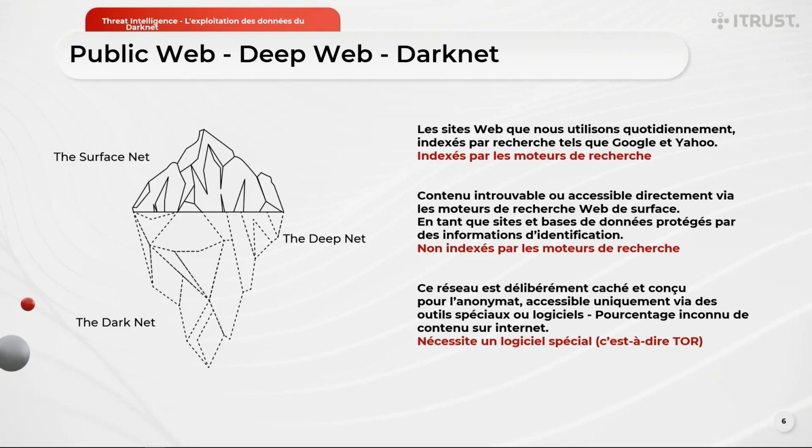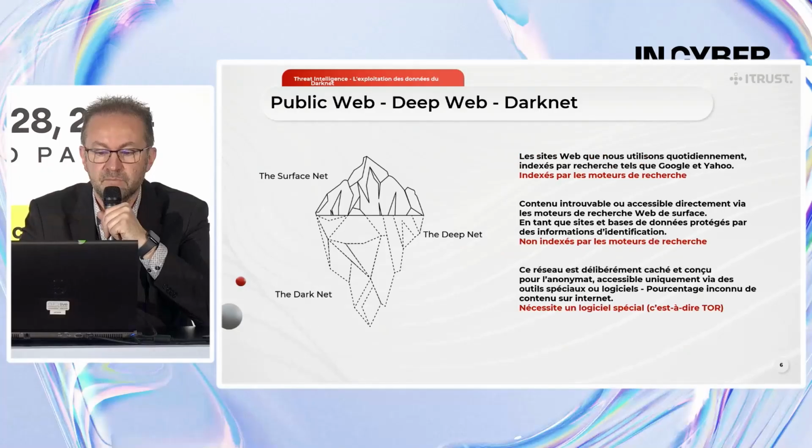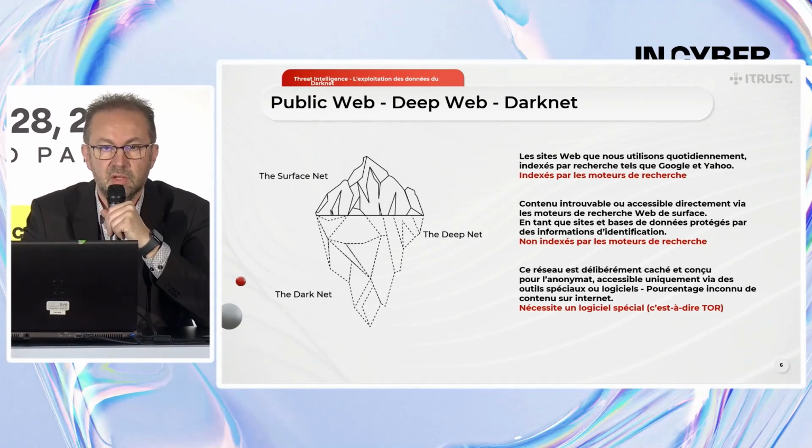Darknet is known by almost everybody. You need, of course, specific software, for example, Tor. It is hidden on purpose, and it's anonymous. So we are going to use this data, and we are going to see how interesting it is.